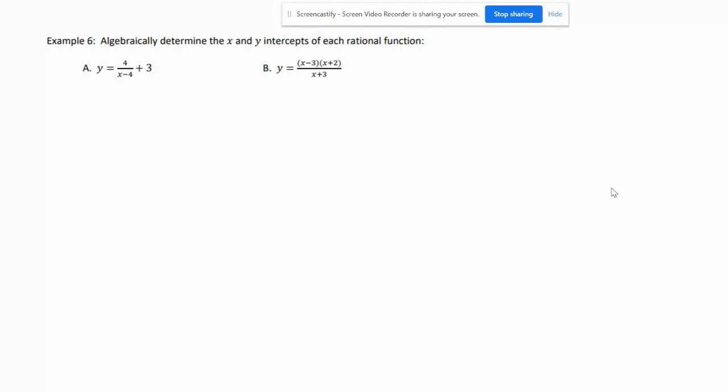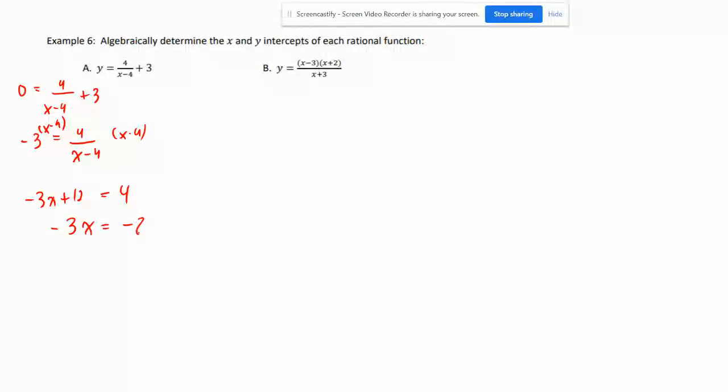Okay, example 6. Algebraically determine the x and y intercepts of each rational function. For x-intercepts, I'm going to make y equal to 0. Subtract 3 from both sides. I'm going to multiply both sides by x minus 4. So we get x equals 8 over 3.